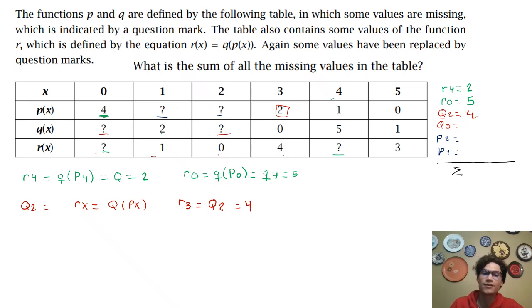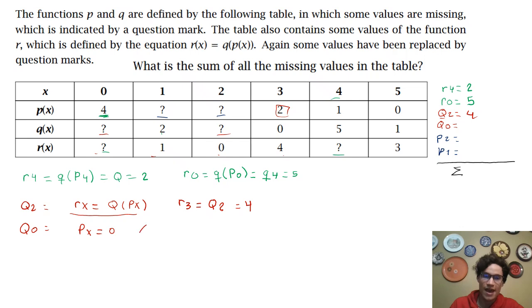And we do exactly the same process to find Q0. So we must find when P of X is equal to 0.